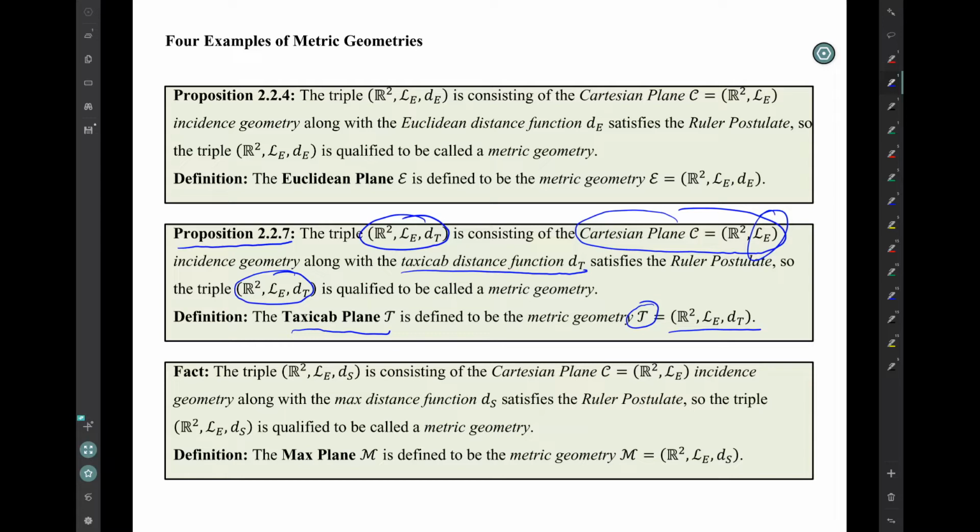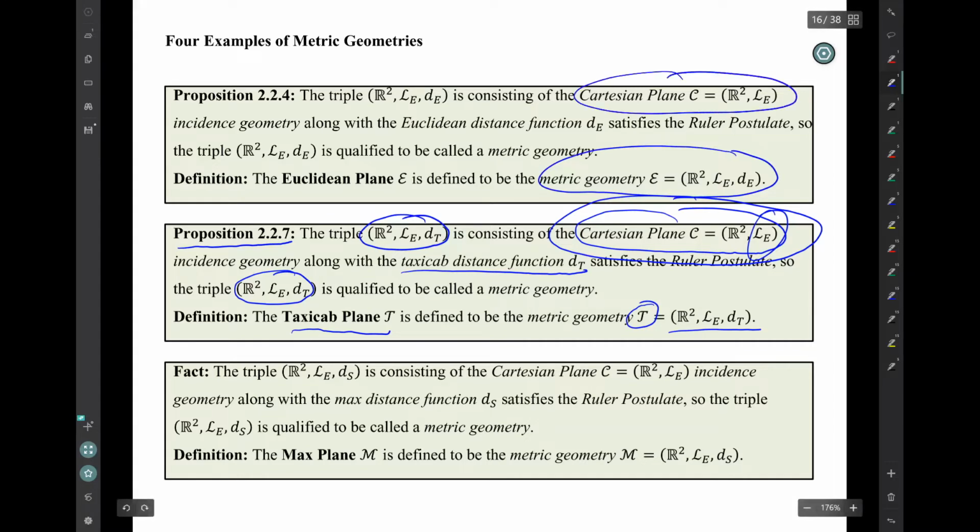The underlying incidence geometry is the Cartesian plane incidence geometry. The Euclidean plane is a metric geometry, and its underlying incidence geometry is also the Cartesian plane. So the Cartesian plane is an incidence geometry that can be used in more than one metric geometry.